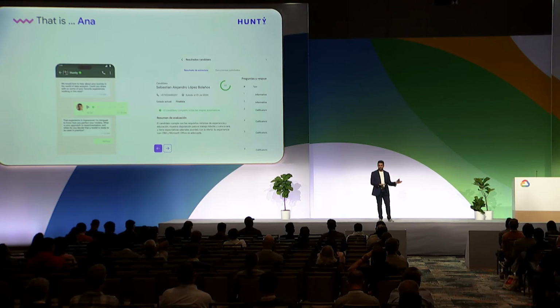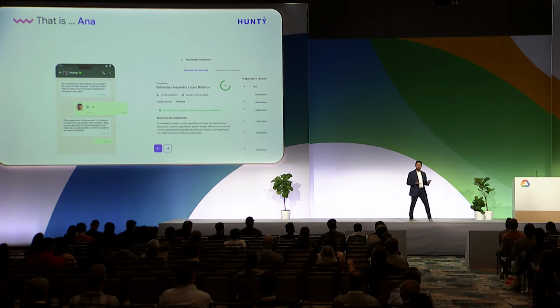Everyone uses WhatsApp. So if you are looking for a job, you can just pass by a 7-Eleven, or you can search for a job on LinkedIn, and you can scan a QR code that directly sends you to WhatsApp, and you can start your interview over there. We realized that some of our customers were already hiring people via WhatsApp using another human. So that was the perfect interface for us.